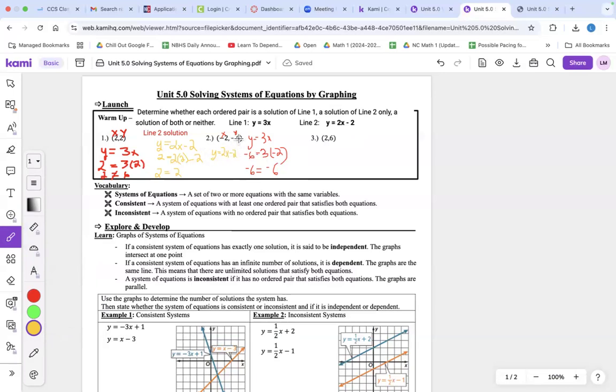Plugging in -6 for y, equals 2, plugging in -2 for x, and it gives us 2 times -2 is -4. -4 minus 2, which is a -4 plus a -2, gives us -6, equals -6. All right, so it's a solution for both.